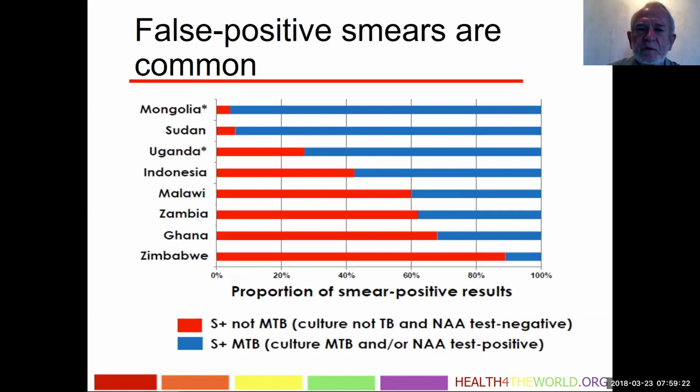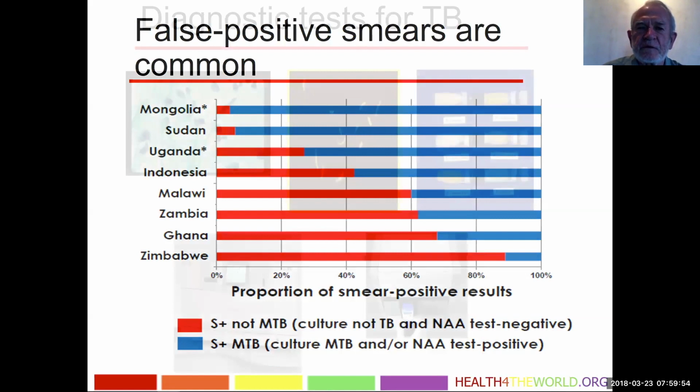So it ranged from about 5% in Mongolia that were false positive up to over 80% in Zimbabwe of the positive smear results that were falsely positive. So this says that the smear is not only insensitive, it's non-specific as well, which is an important observation and I think has not been widely publicized.